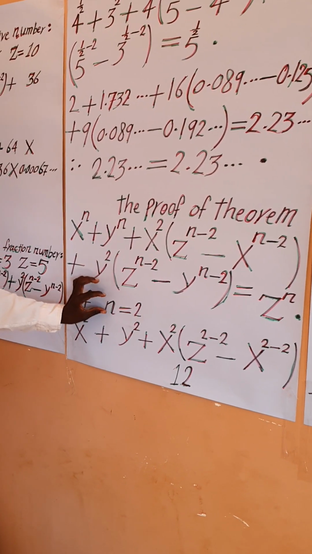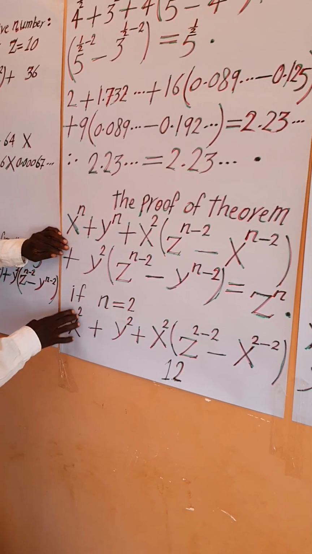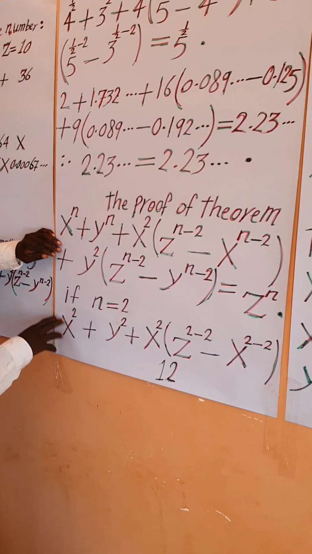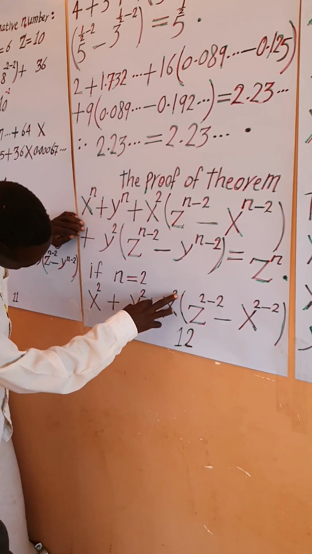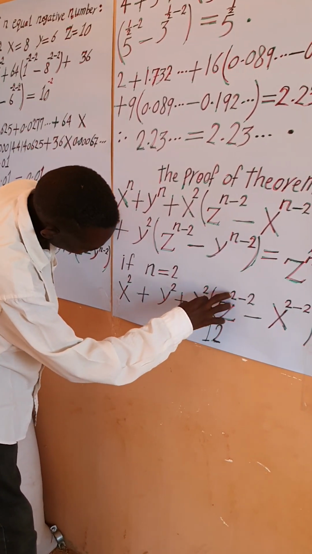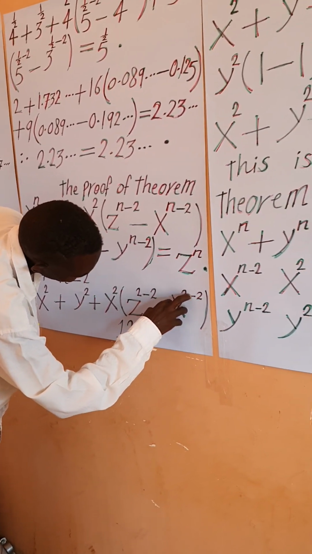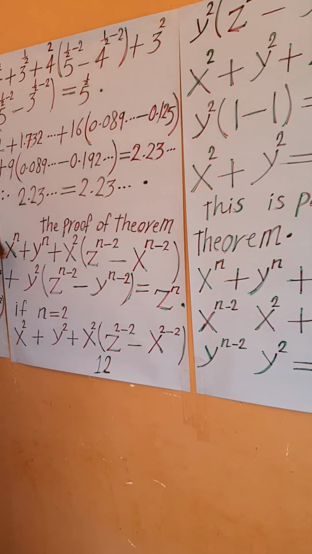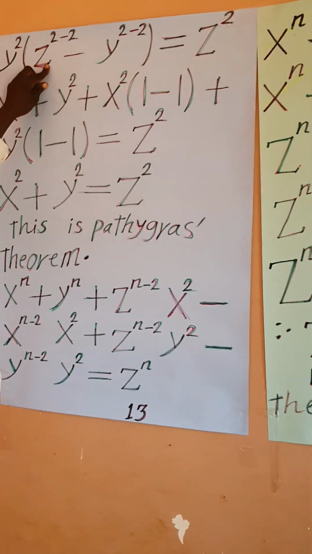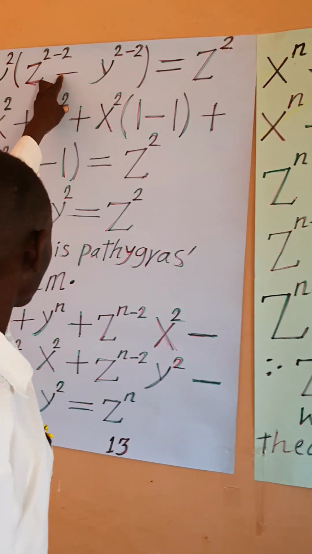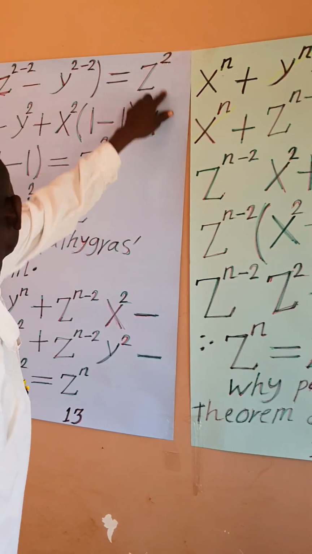If we have n equal to 2, x squared plus y squared plus x squared bracket z to 2 minus 2 minus x to 2 minus 2 bracket plus y squared bracket z to 2 minus 2 minus y to 2 minus 2 bracket equals z to n.